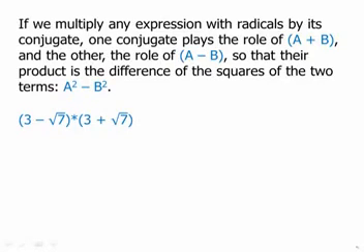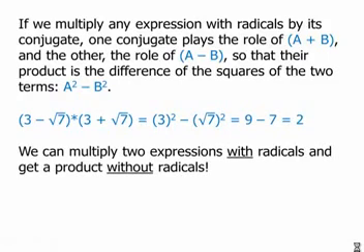And of course, this is going to equal a squared minus b squared. Or in other words, 3 squared minus root 7 squared. Square each one of those, and we get 9 minus 7, which is 2. So in other words, we multiplied two expressions with radicals, and we get a product without radicals.